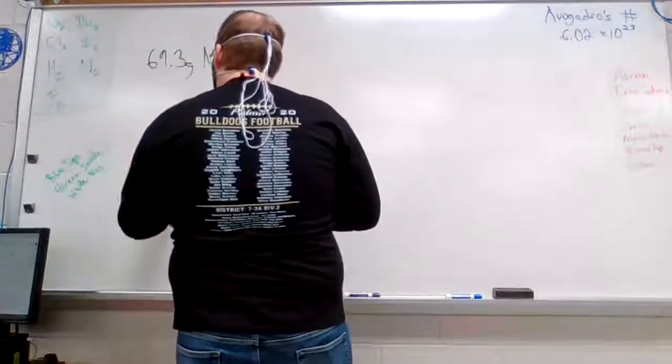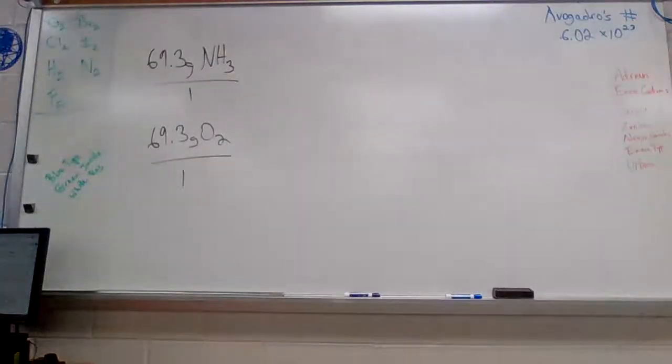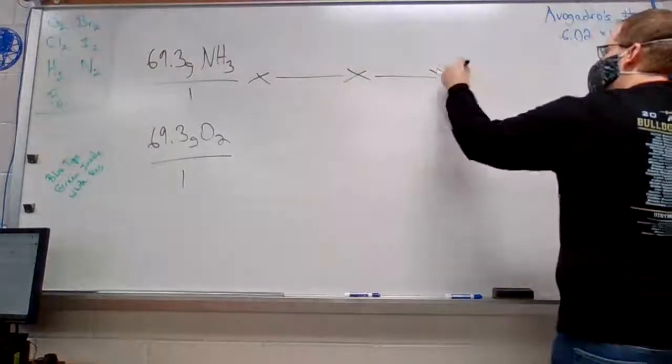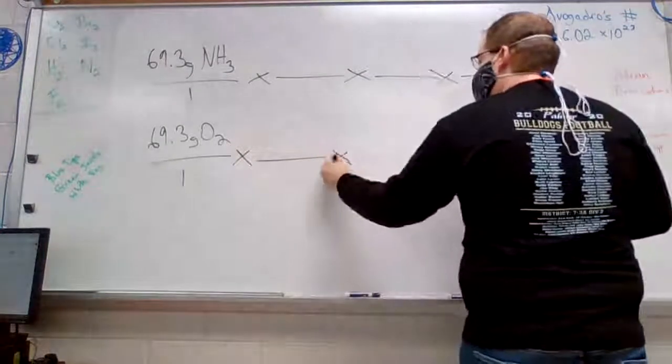I'm going to put them both over 1. And they want to know the maximum mass of H2O. So I'm going to grams of water on the other end. So this has to be a 3-step problem because I'm going grams to grams, and I got to do both of them.